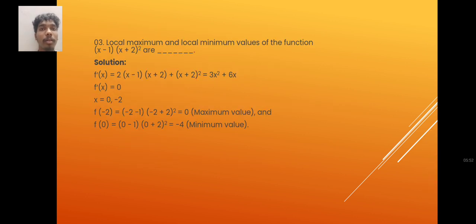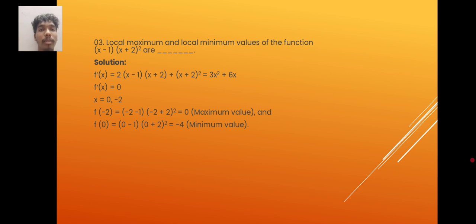Third point: find the local maxima and local minima values of the function f(x) equal to (x minus 1)(x plus 2) squared. Let's solve. f'(x) is equal to 2(x minus 1)(x plus 2) plus (x plus 2) squared, which is equal to 3x squared plus 6x. f'(x) equal to 0 gives x equal to 0, minus 2. f(minus 2) is equal to (minus 2 minus 1)(minus 2 plus 2) squared, which is equal to 0, a maximum value.